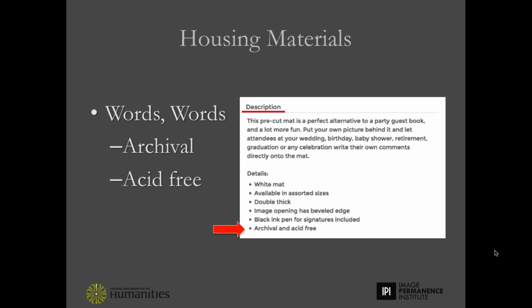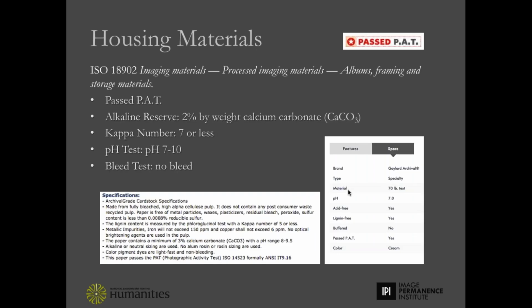Oftentimes we're ordering these things online, or less common now from a catalog. Each material will have specs. Be aware of words like archival and acid-free, because they do not mean anything, right? Archival and acid-free is like saying it's green. Like, what does green even mean, right? It's all natural. Okay, what does that even mean, right? So be aware of words like archival.